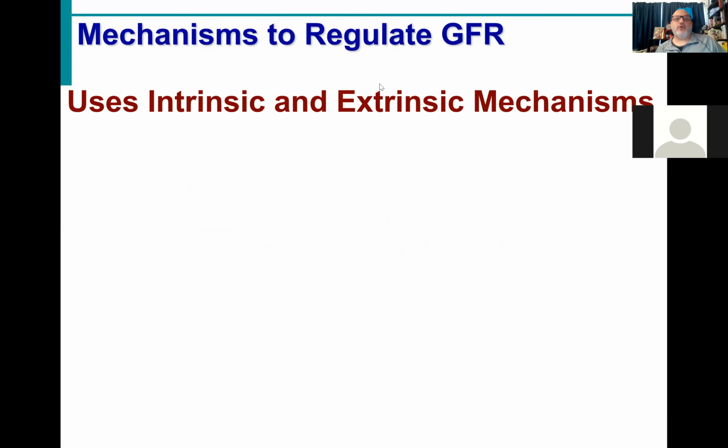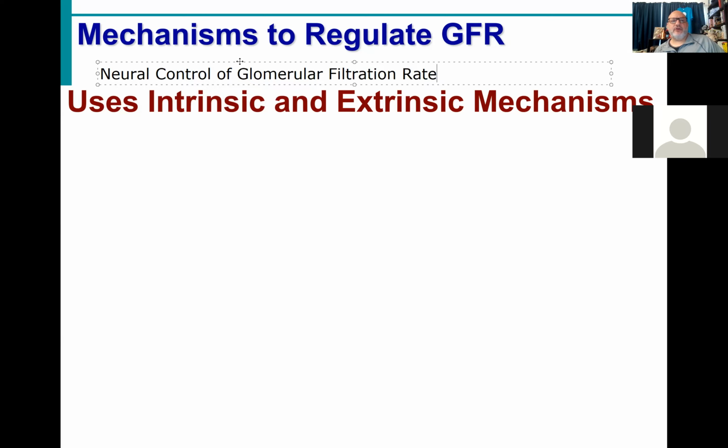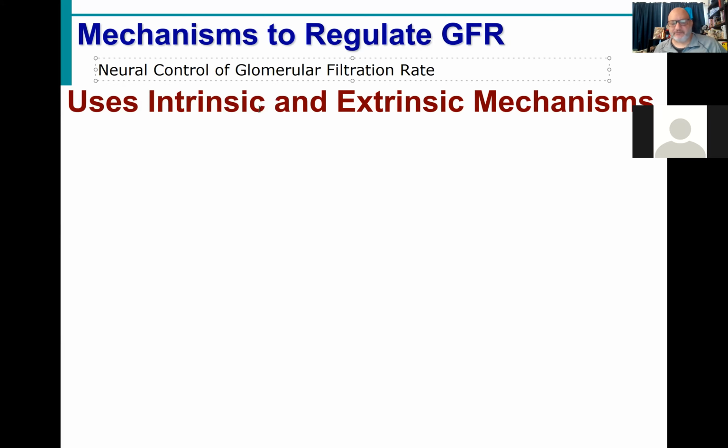All right. We are first going to talk about our neural controls. And with our neural controls of glomerular filtration rate, there are two types: intrinsic and extrinsic.